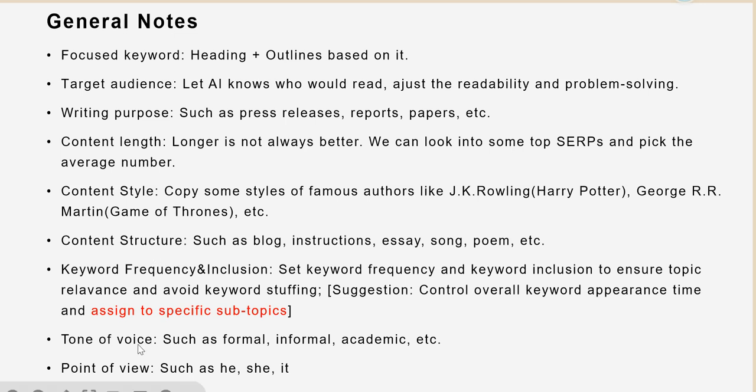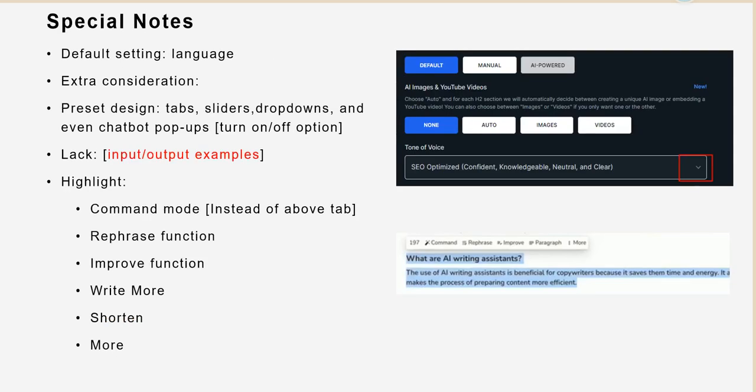And then the next one, the special note is about the default settings, something you need to go for, some tone of voice, something like that. And what is lacking is the input and output examples. So if we have the input example, but the output example maybe we need to have some output examples, right?